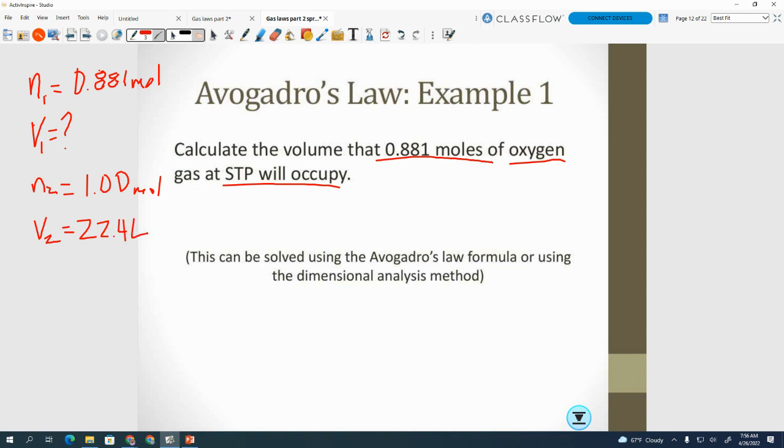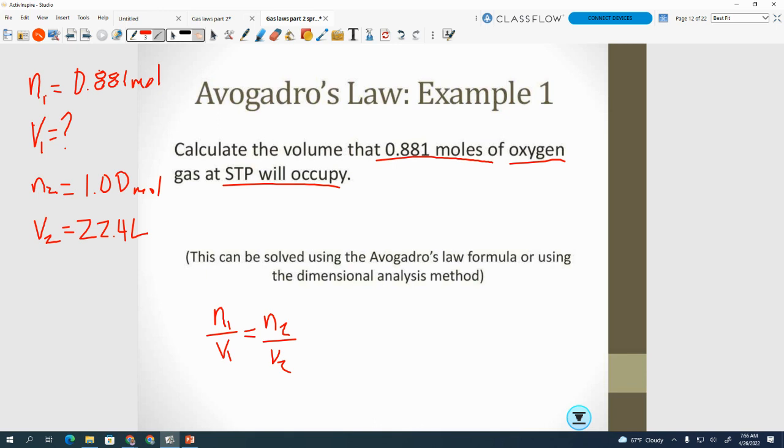So even though that's not the condition, we can actually use this to set up the relationship. So I can use that and solve for V1. So, I can do N1 over V1 equals N2 over V2. And I can plug in my numbers and I can solve it.